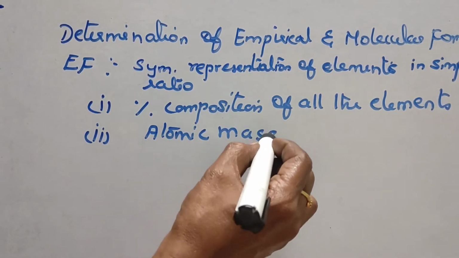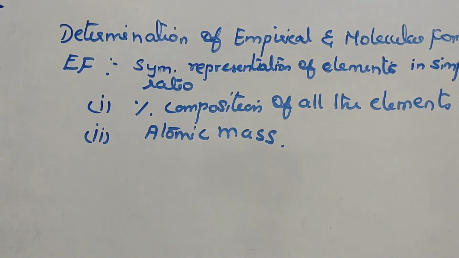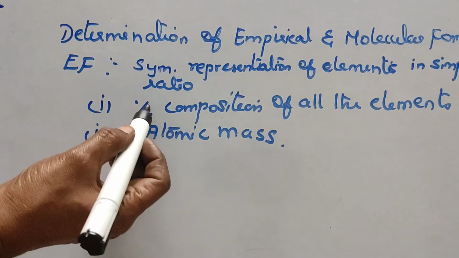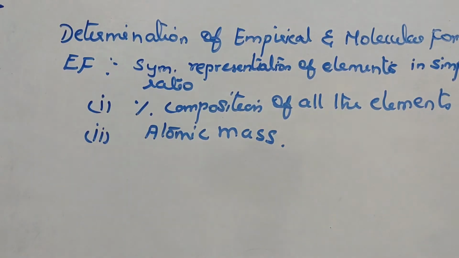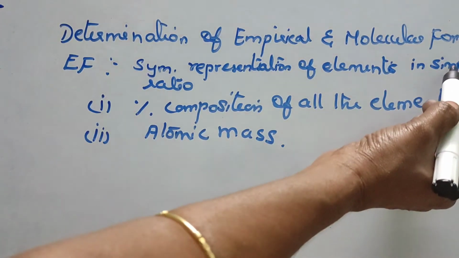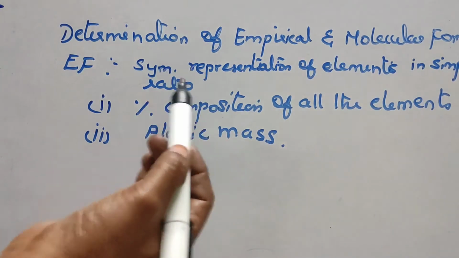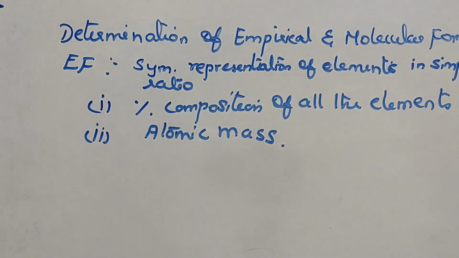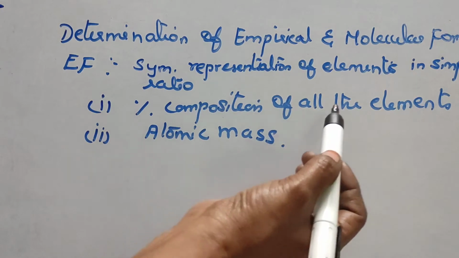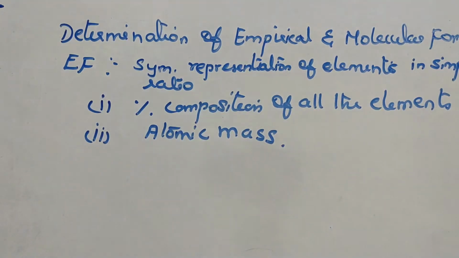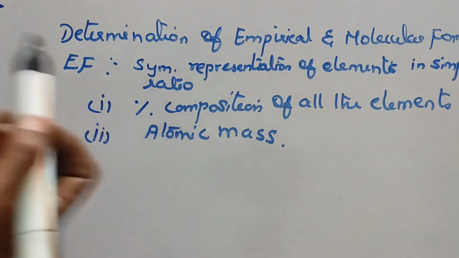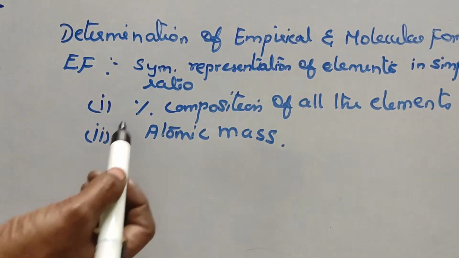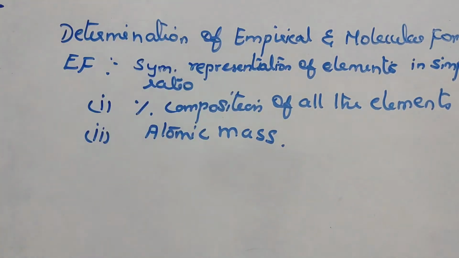These two things are needed to find out empirical formula, because we are going to see the simplest ratio of atoms of elements in the compound. If we have these two values, we can find out empirical formula.